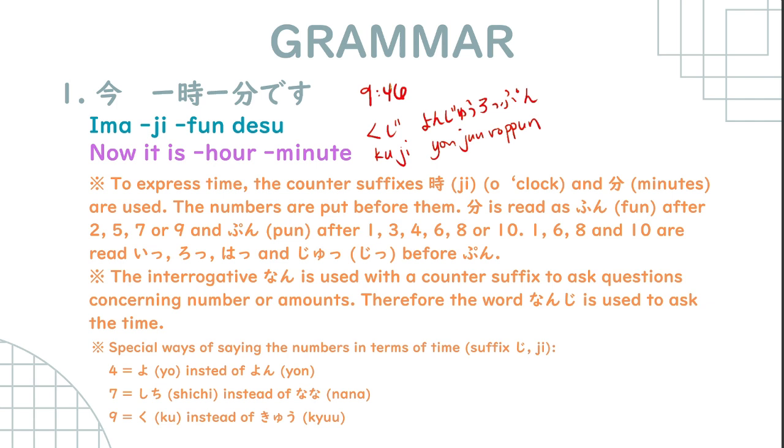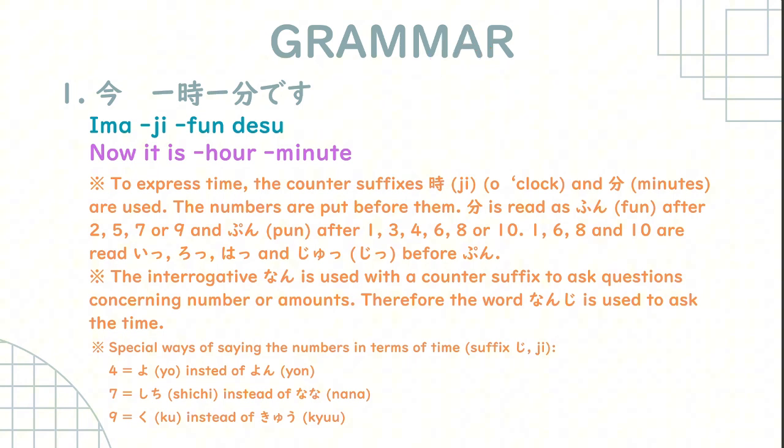Okay? Again, we have ji here and pun here. Since this is a 6, which is a special number that I mentioned earlier, it's not roku fun, but it is ropun. How you would read this kanji depends on the last digit, okay, of the time.